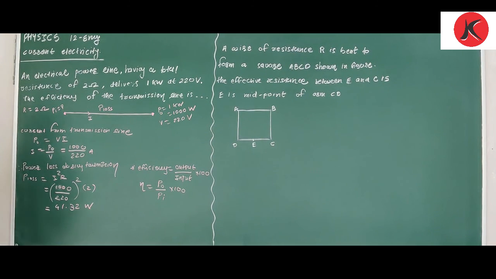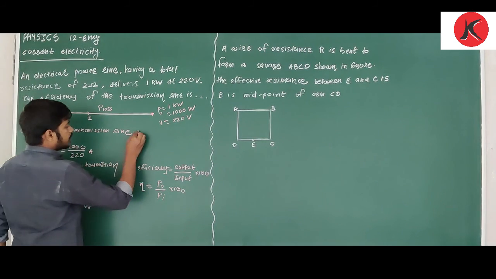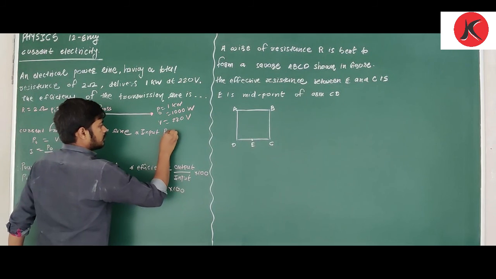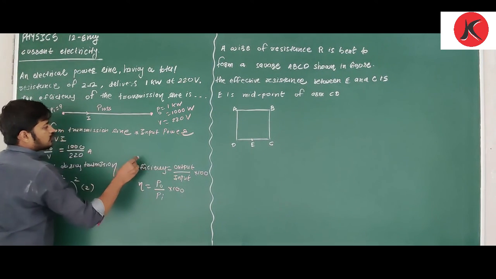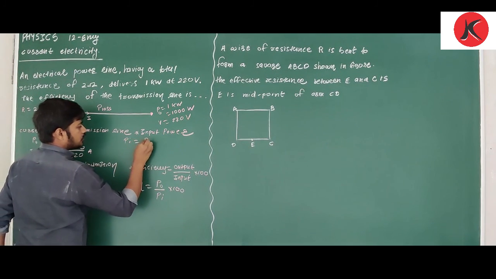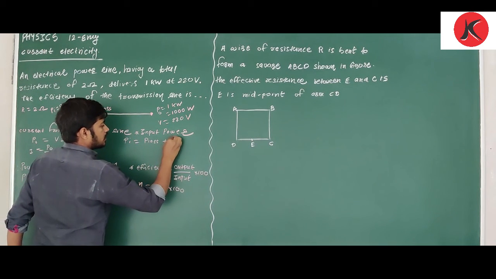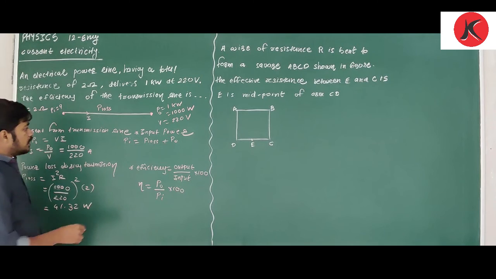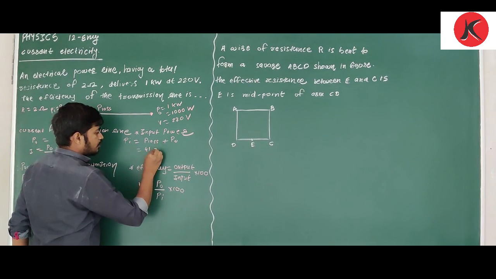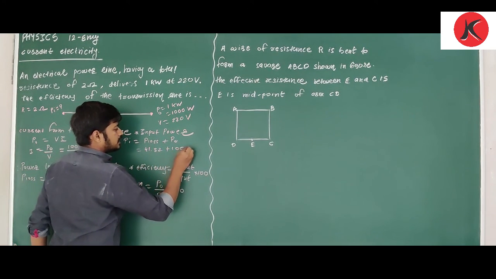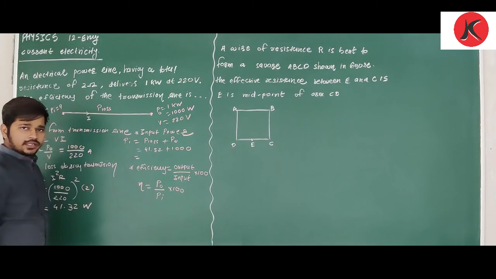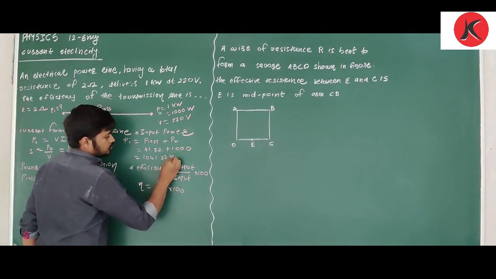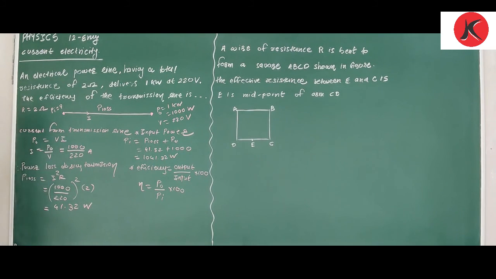So it is the power loss. So what is the input power? Input power PI is equal to P loss plus output power. Simple. So it is 41.32 plus 1000, that is 1041.32 watt. That is the input power.